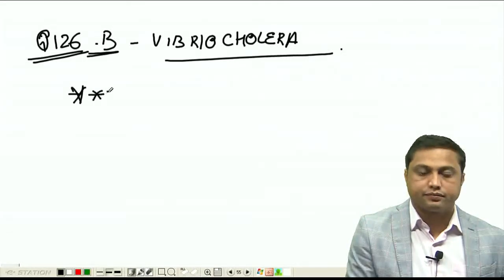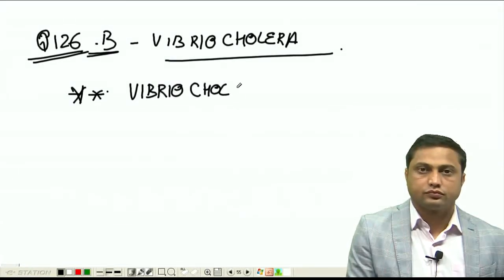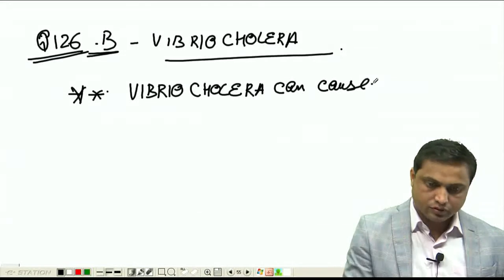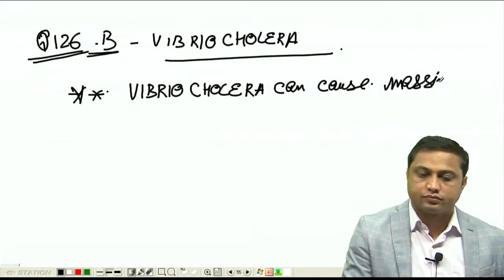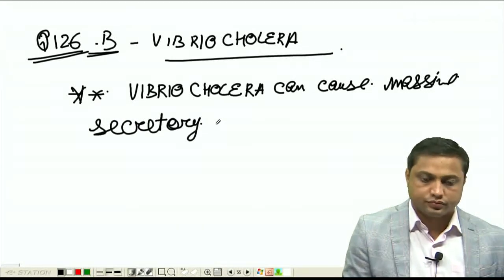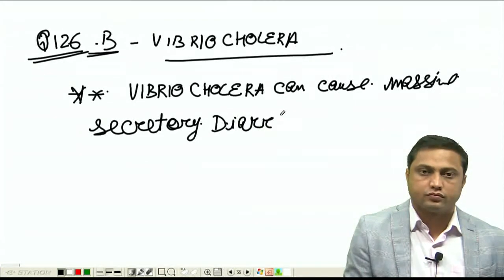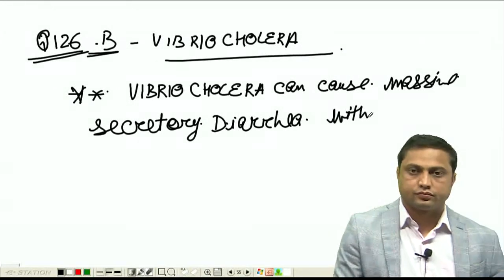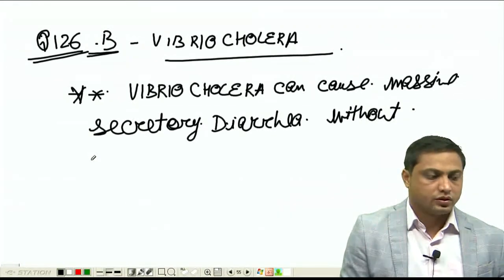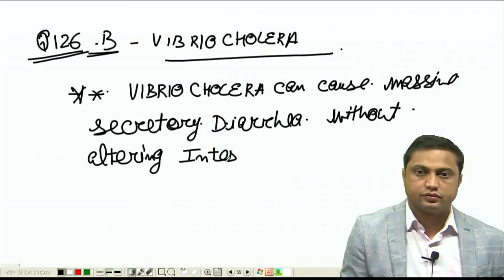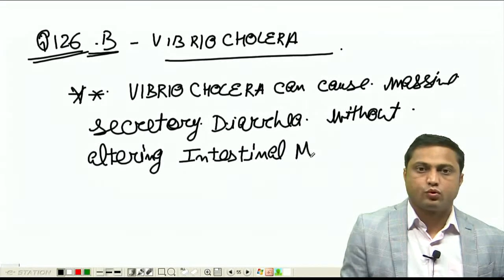So first important point, Vibrio cholera can cause massive secretory diarrhea without affecting or altering intestinal mucosa.